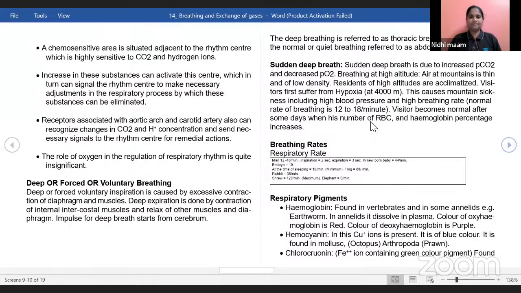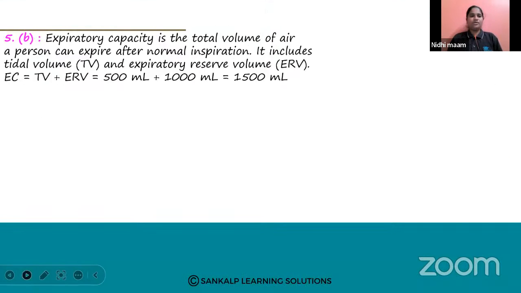Let me check that. Okay, so here you can see a formula called expiratory capacity. This is the main formula, please note it down. Expiratory capacity means tidal volume plus expiratory reserve volume. What is the tidal volume here? 500 ml. What is the reserve volume here? That is the expiratory reserve volume, 1000 ml.